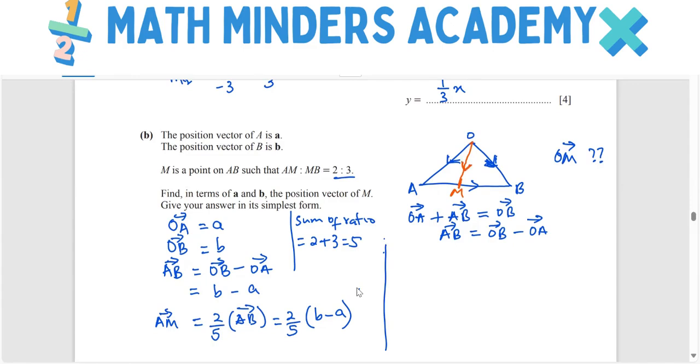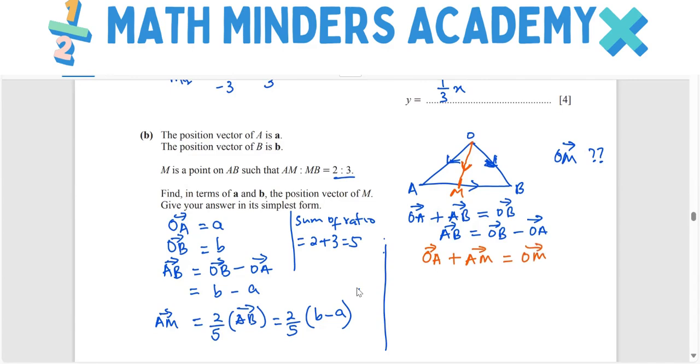If you look at this, you will discover, you agree with me here, that vector OA plus vector AM is equal to vector OM.